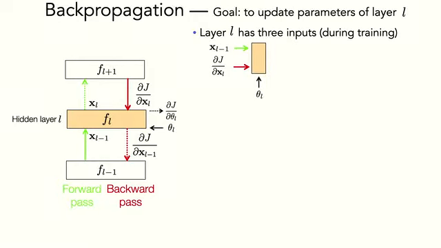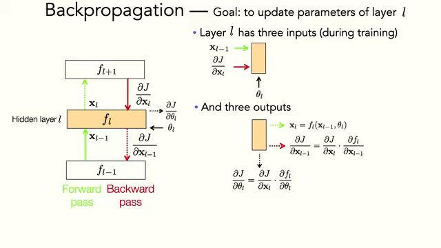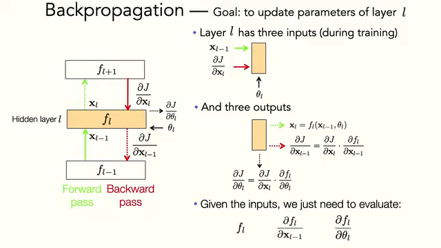The inputs are the previous layer's output, the change in the parameters with respect to the next layer, and the current parameters. And then the three outputs of every layer are going to be the output, running through the function, the change in the parameters with respect to the previous layer, and the actual update to the parameters. Given those inputs, we just need to evaluate those three things, and this actually makes training happen.